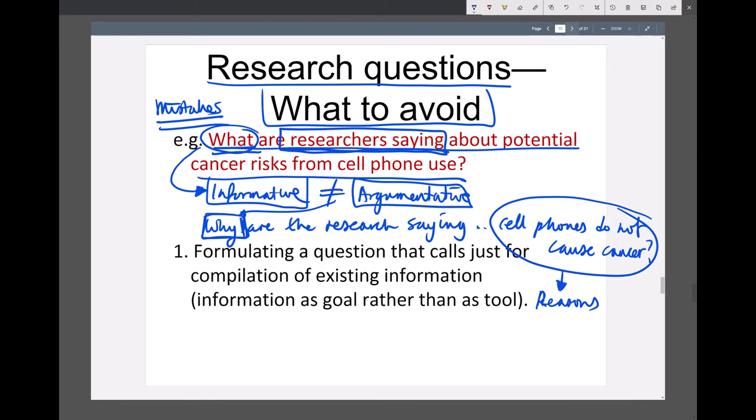Maybe newer cell phones use better technology. I'm just naming one reason right now. Maybe they use different materials from the older cell phones. Less cancer risk. The newer technology would have less cancer risk. And then I would back that up with evidence and explain what that means.